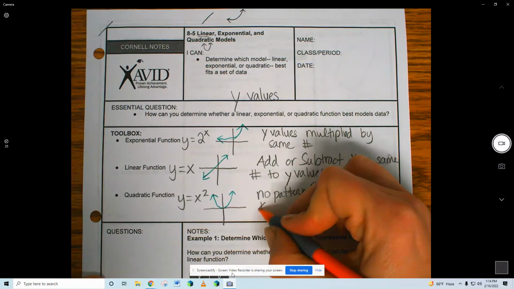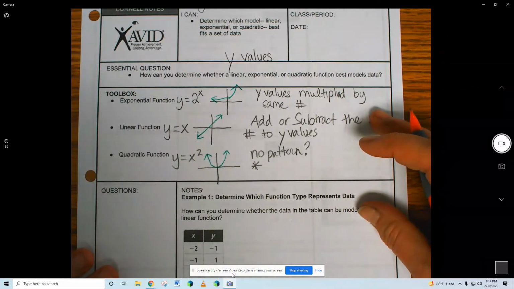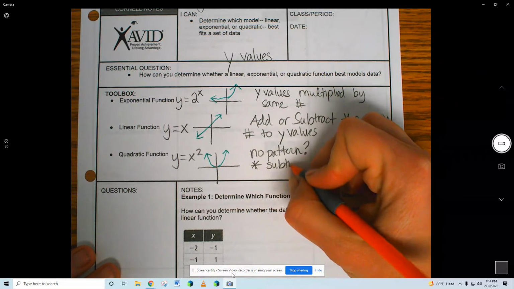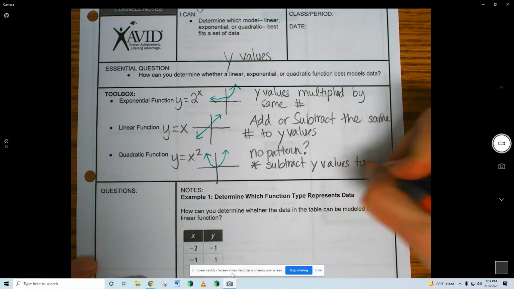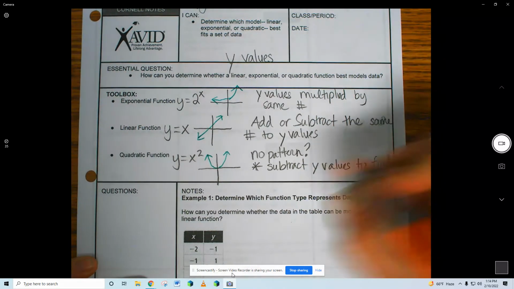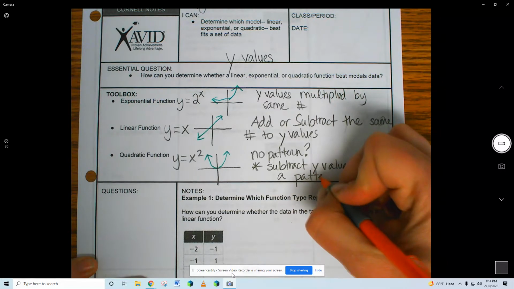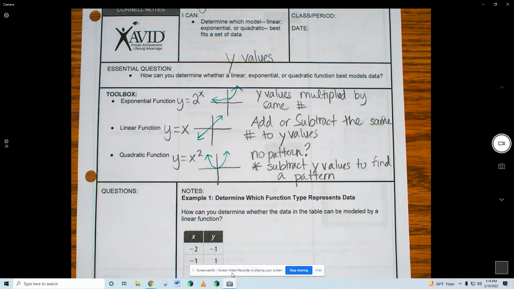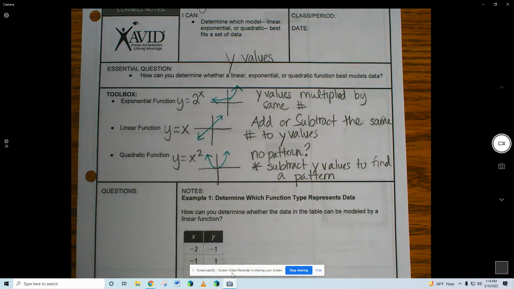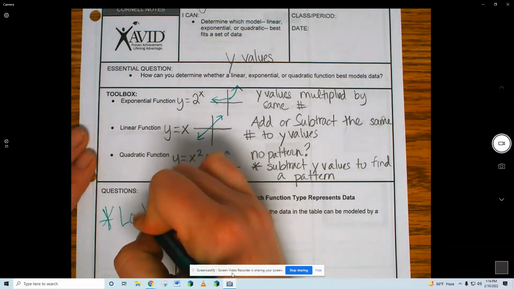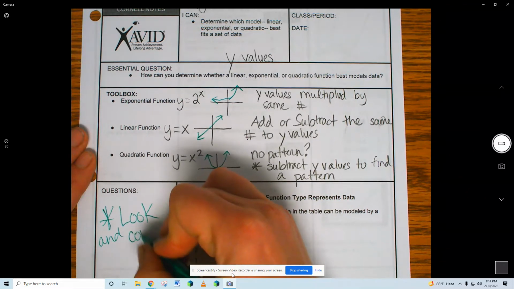So then I have to subtract the y values to find a pattern. All right. The big idea, look and compare the y values.